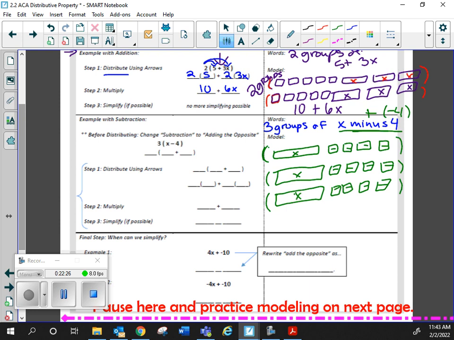I have how many X's? 1. Oh no, in total, I have 3 X's, and then 12 negative. There are 2 ways I could write that.